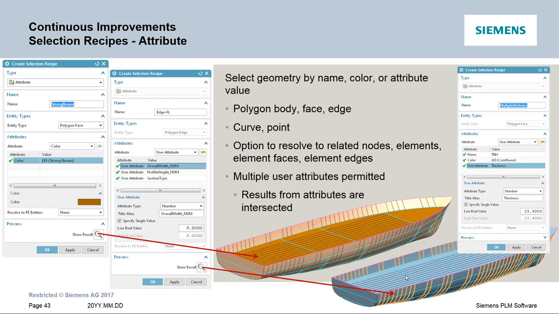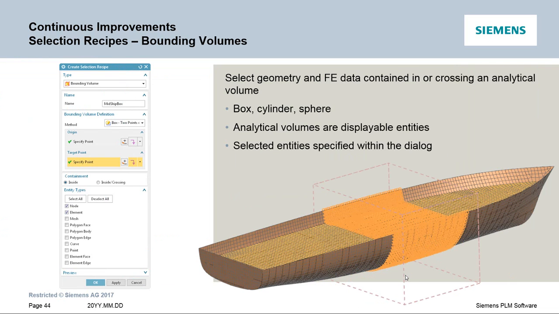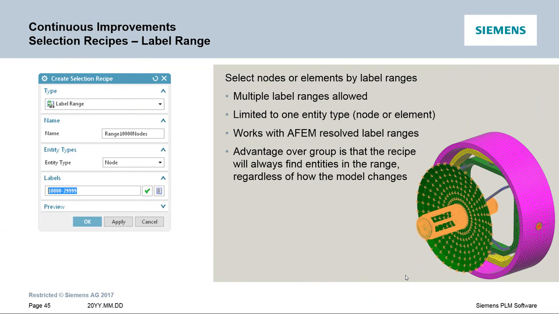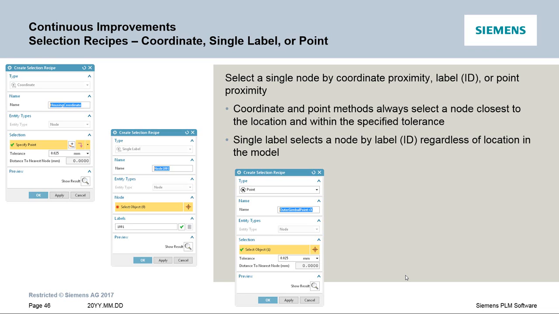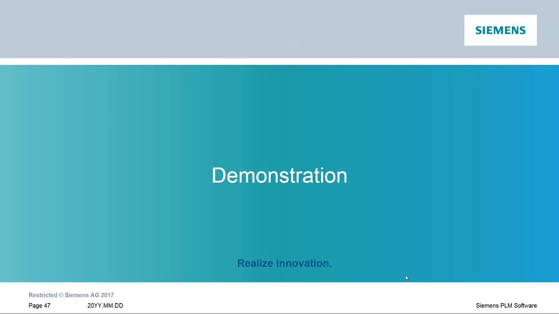So here we can see the attribute selection, and we'll take a closer look at this in the demonstration in just a moment. But you can assign an attribute to an edge or face in the CAD, and then bring that into the FEM to define your selection recipe. Similarly, we can use bounding volumes or label ranges for selection recipes and points or coordinates.